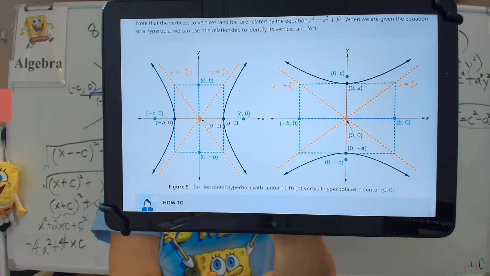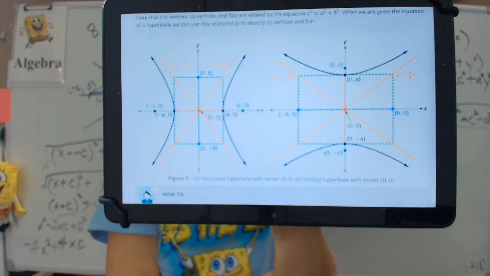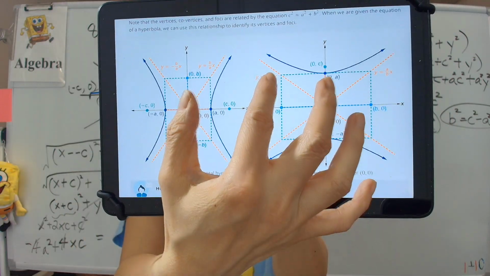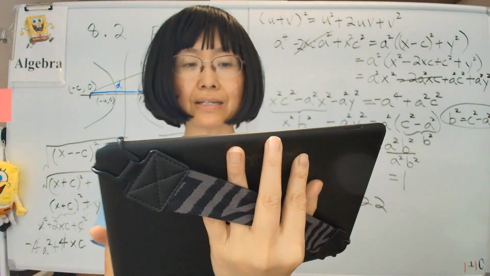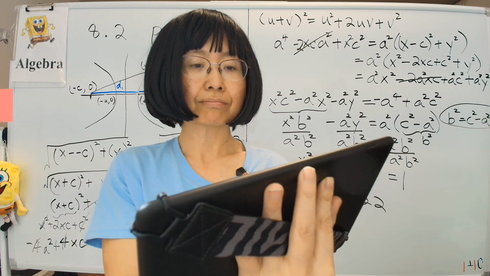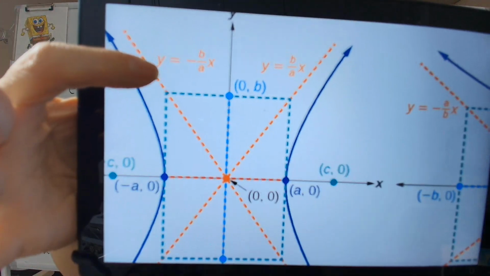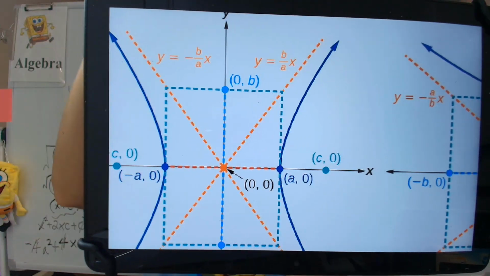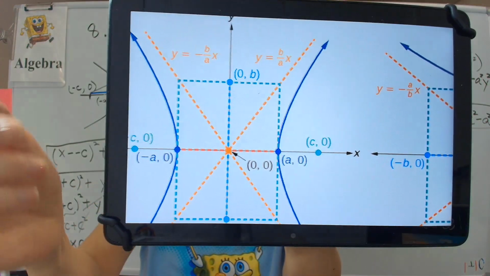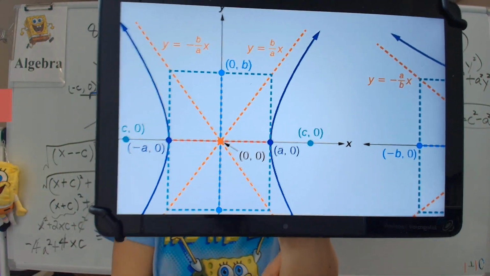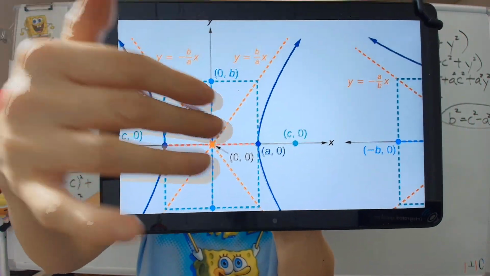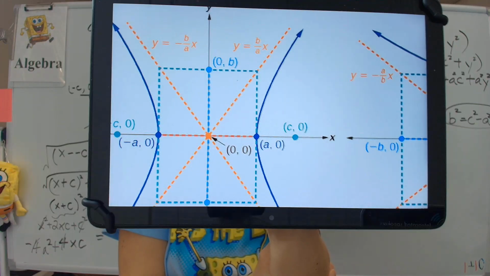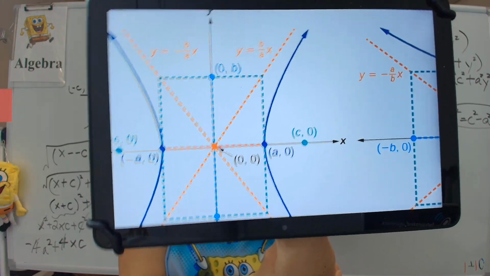The asymptotes are given directly here as this one is minus b over a, and the other one is b over a. The one leaning one way is the positive one, the one leaning backwards is the negative one.